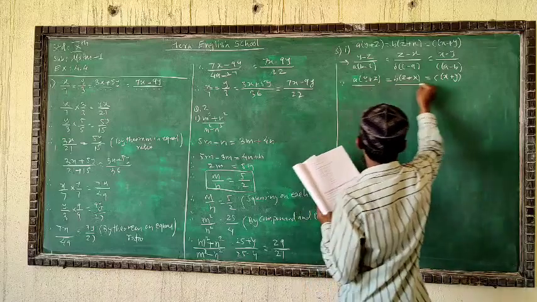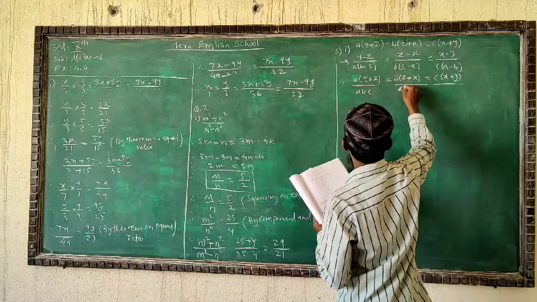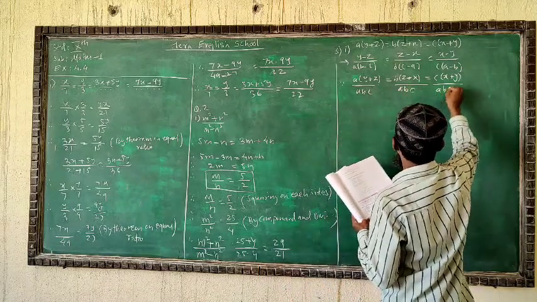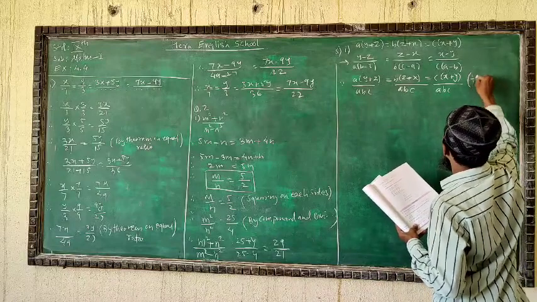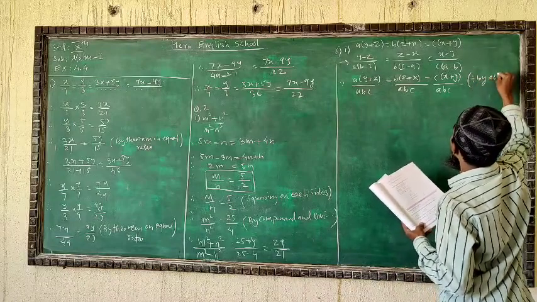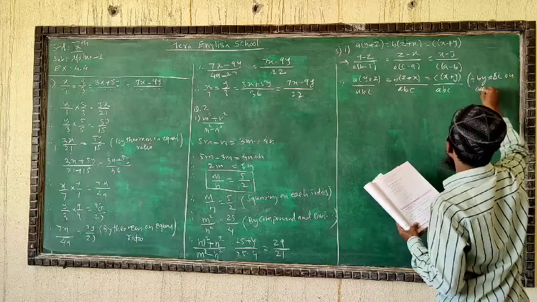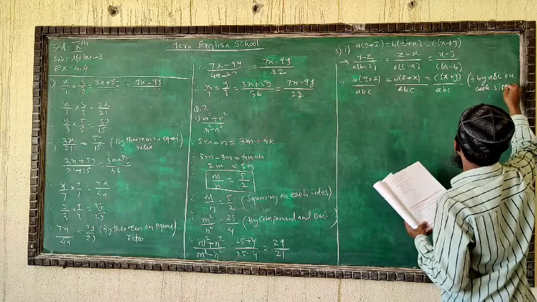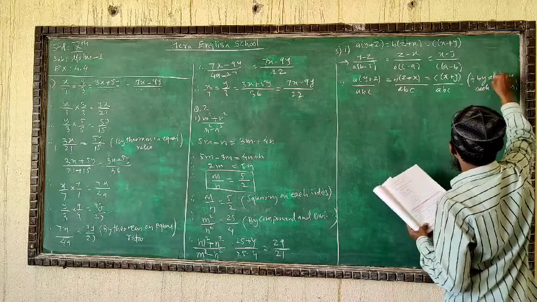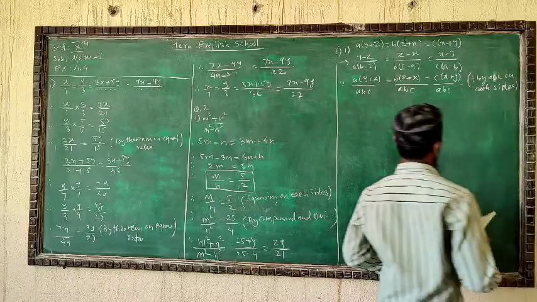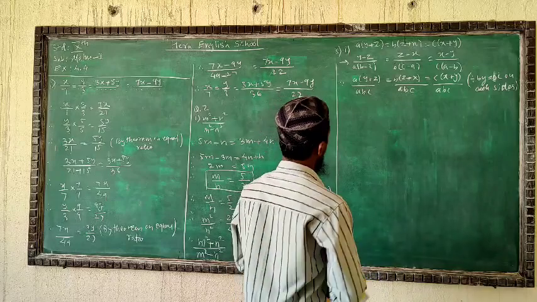This all terms will divide by a, b, c on each side. We will divide by abc to each of the three equal numbers.